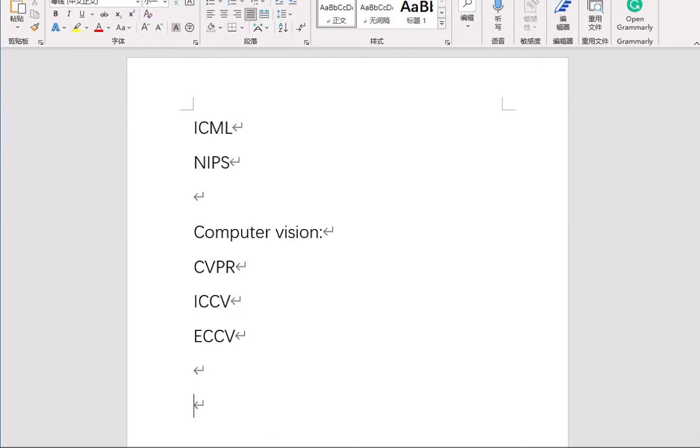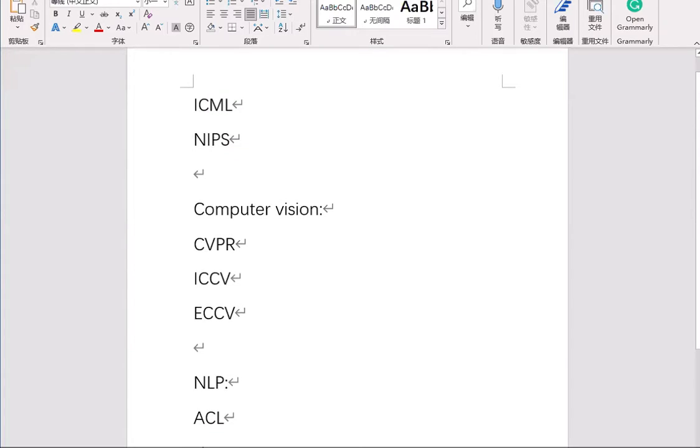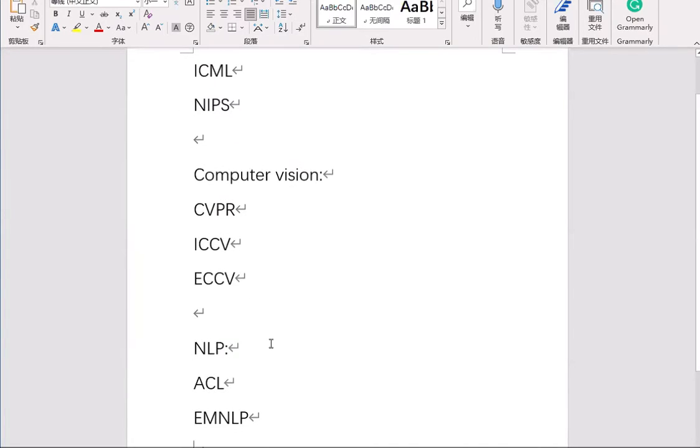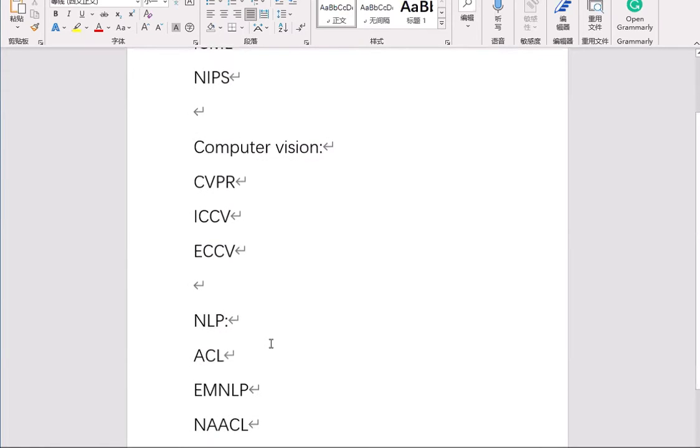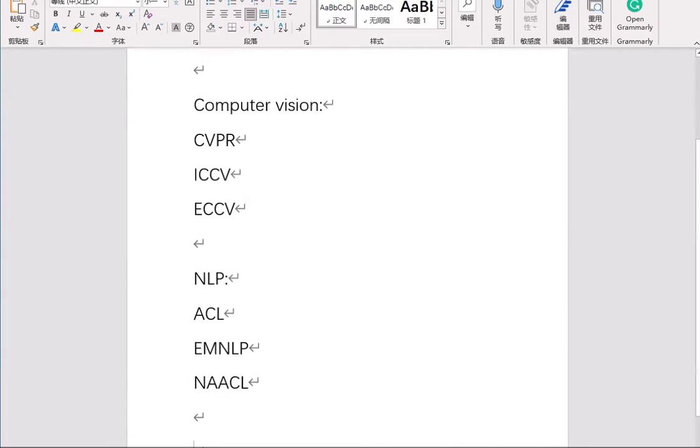If you want to work on NLP, if you want to solve some application related to natural language processing, you can go to ACL, EMNLP. Right? So these are the conferences from the NLP. And we also have general AI.